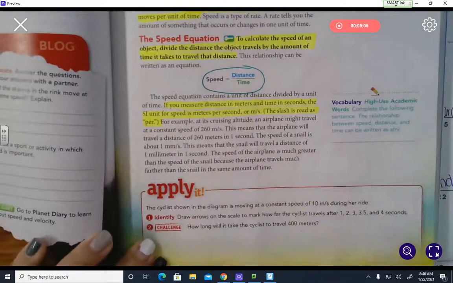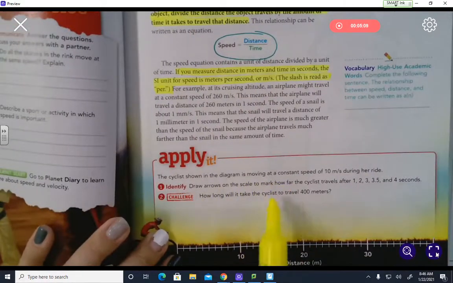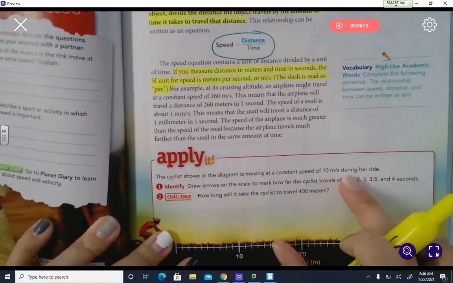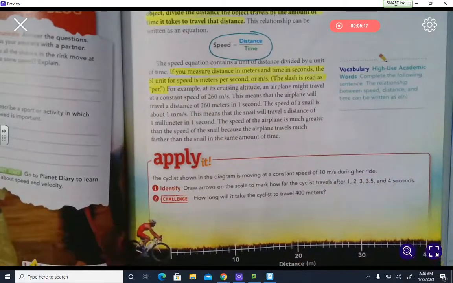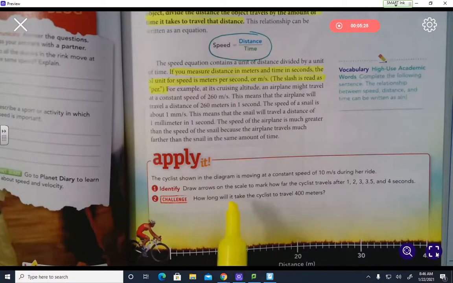All right, you guys are going to do the Apply It question. It says the cyclist is shown in the diagram below going at a constant speed of 10 meters per second during her ride. So that means every second she's going 10 meters. So draw arrows on the scale to mark how far the cyclist travels in 1, 2, 3, 3.5, and 4 seconds.